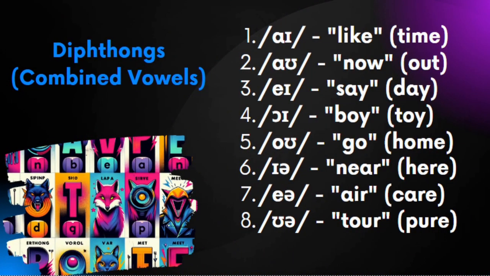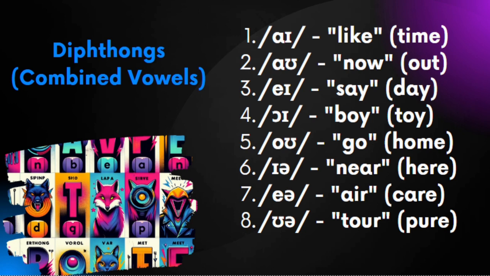We have number one, I as in like or time. Number two, ow as in now or out. Number three, a as in say or day. Number four, oi as in boy or toy.